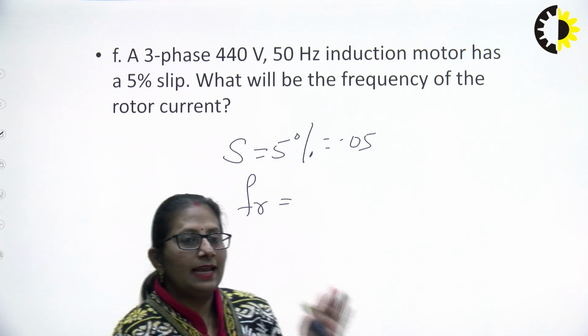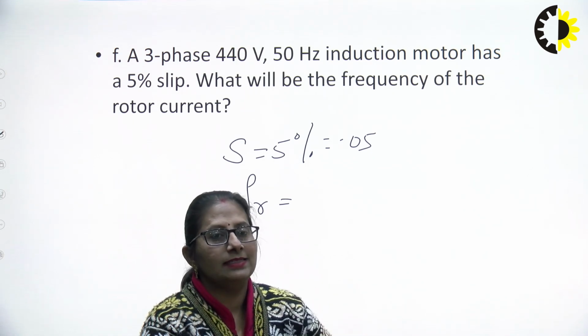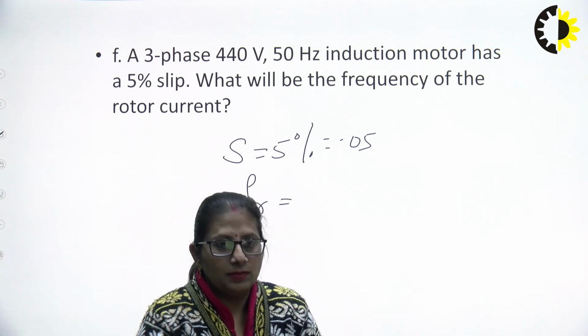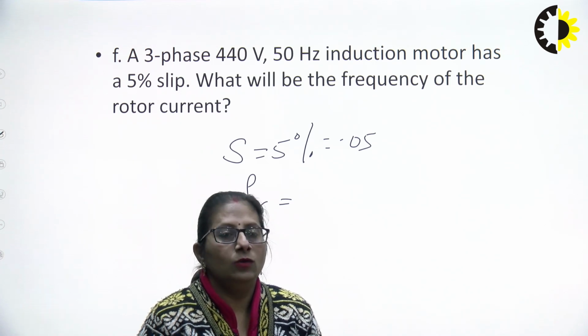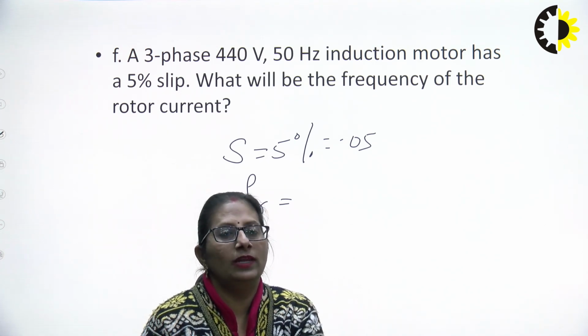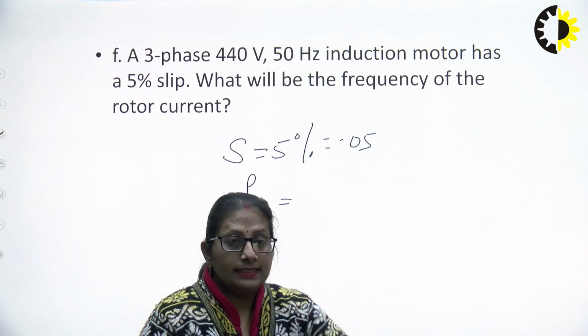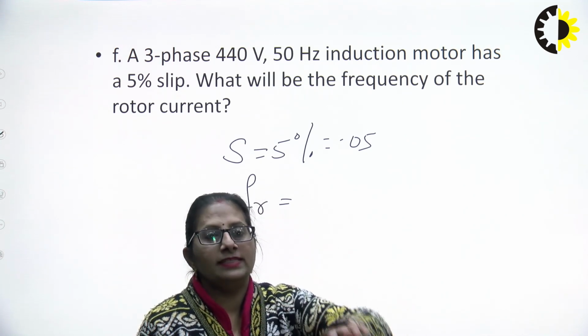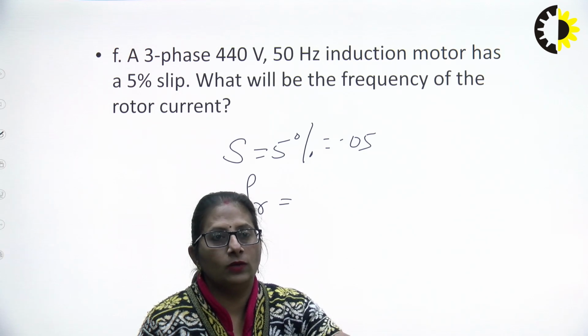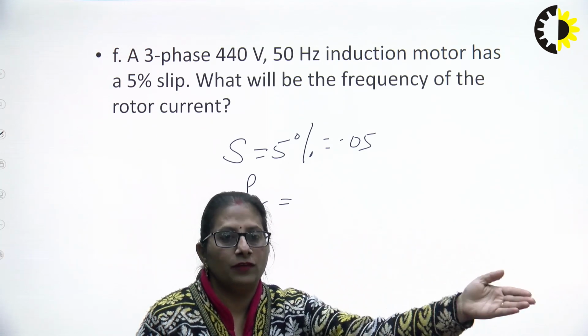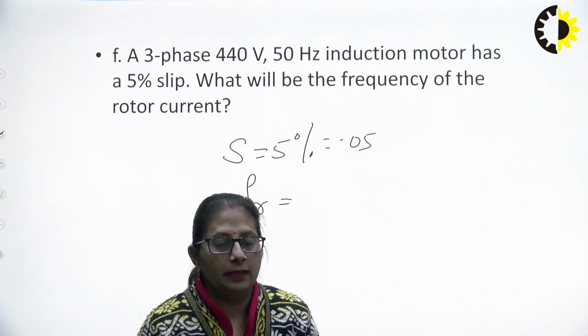At standstill, what is the rotor frequency? At standstill, the slip is equal to 1. At starting, the frequency of the induced EMF or the frequency of the rotor currents is just equal to the supply frequency, which is 50 Hertz generally in India.